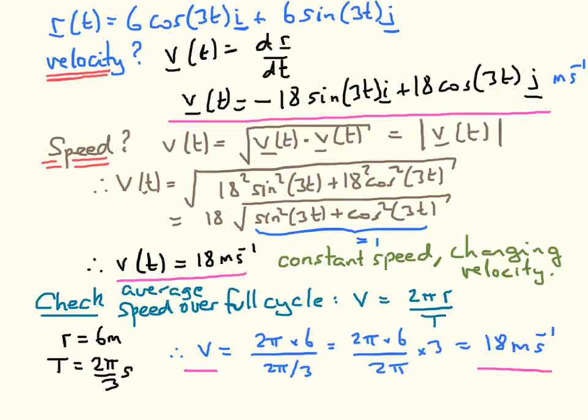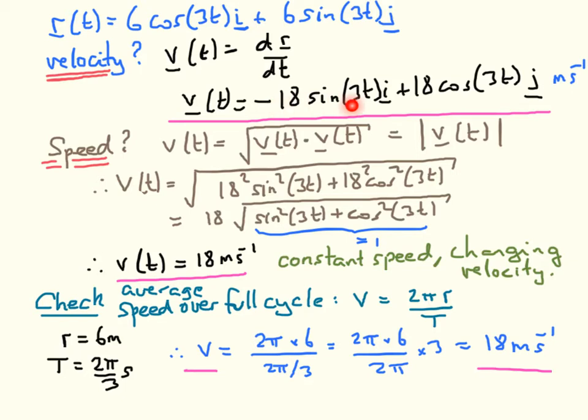What about the speed? Well, the speed of the particle can be calculated by taking the scalar product of the velocity with itself and taking the square root of it. This is the magnitude or the size of the velocity vector.